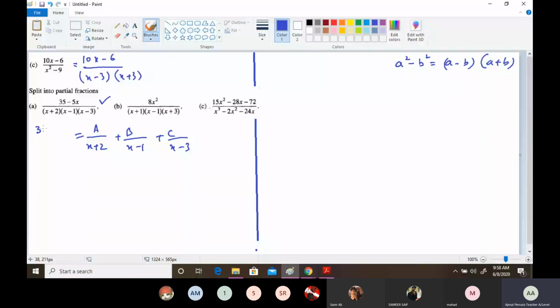So let's take this one, 35 minus 5x over x plus 2, x minus 1, and x minus 3. Now, right after this step, this whole thing will go to all of them. So the left side is going to be 35 minus 5x equals a times x plus 2, x minus 1, x minus 3 divided by x plus 2.